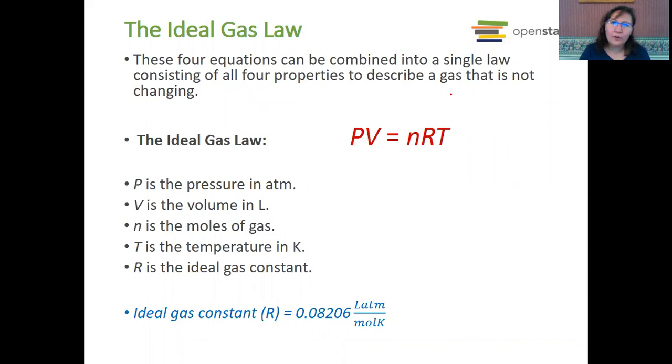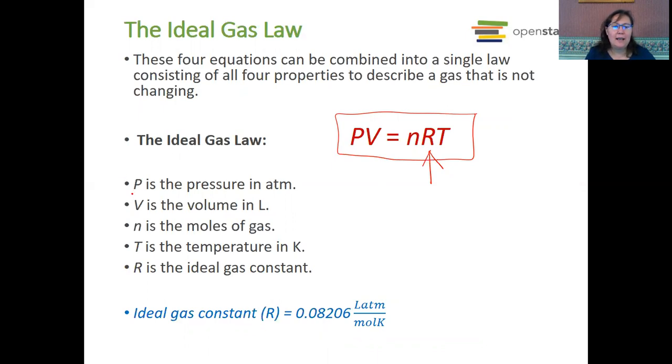Now we bring all of those gas laws together and we have the ideal gas law right here, PV equals nRT. And you're going to want to write these things down. The ideal gas constant R is 0.08206 liter atmosphere per mole Kelvin.